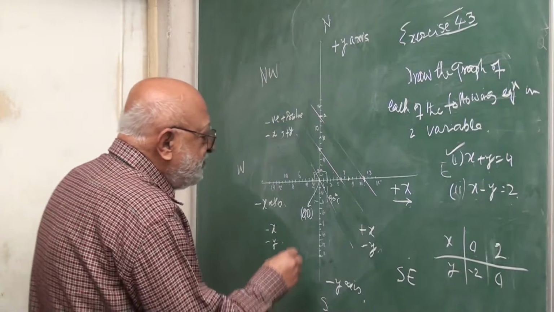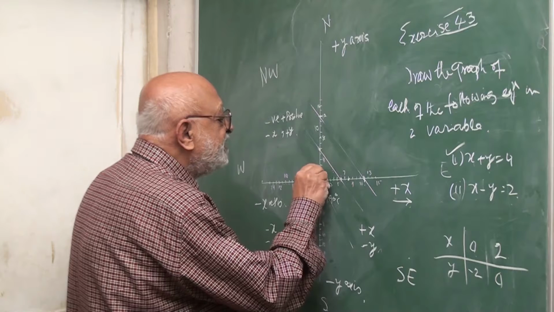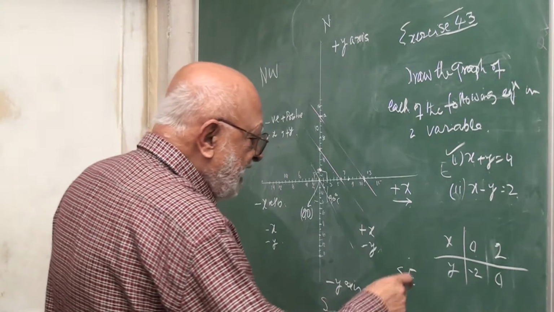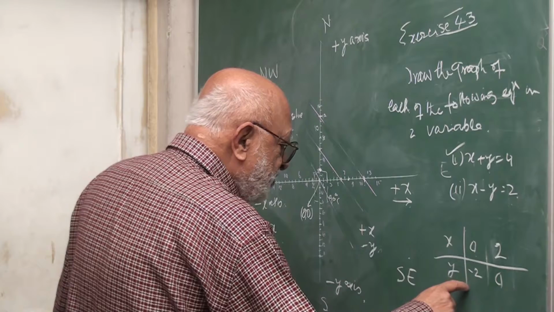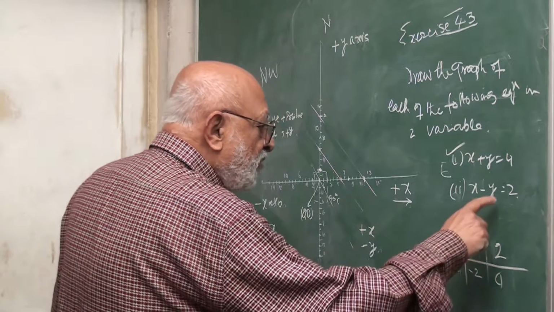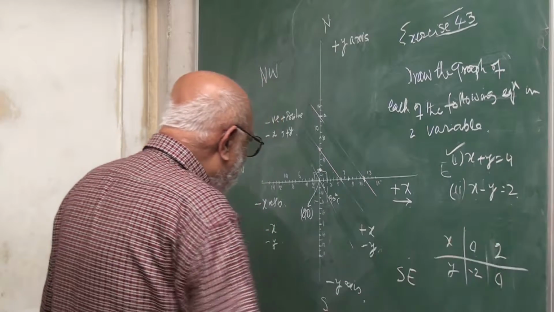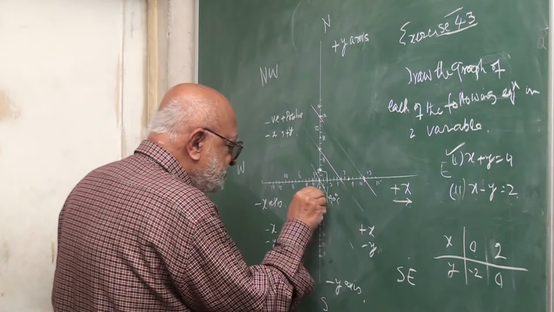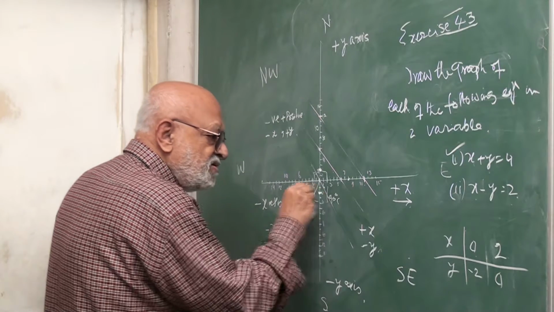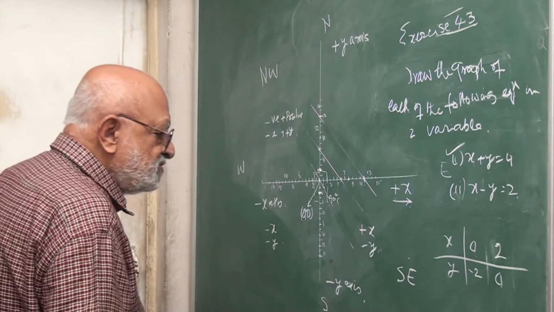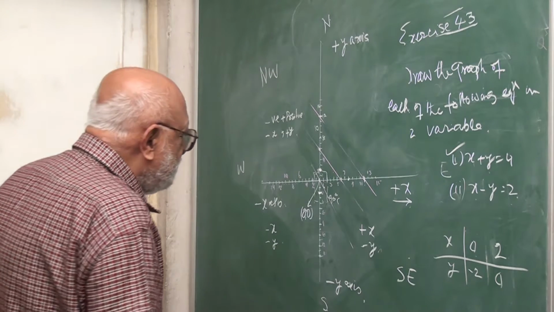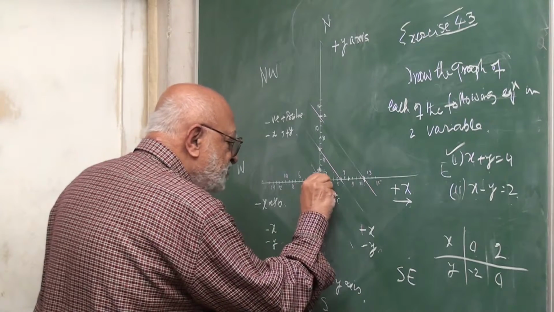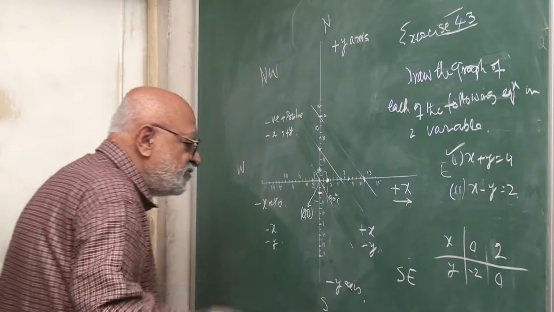Y equal to 0, x equal to 2: this is 4, this is 2, so this is 1 point here. And x equal to 0, y equal to minus 2, so this is the other point.